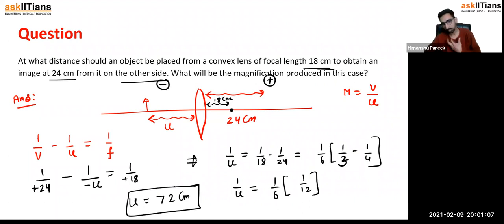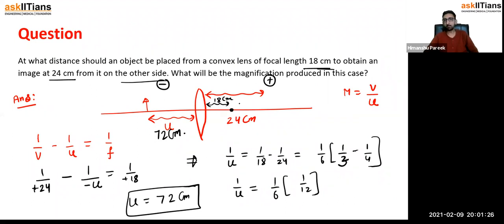So this u will be equal to 72 centimeter, right? And I should have got it also. Can you think about it? Why should I have got this? You should compare it with the ray diagram.